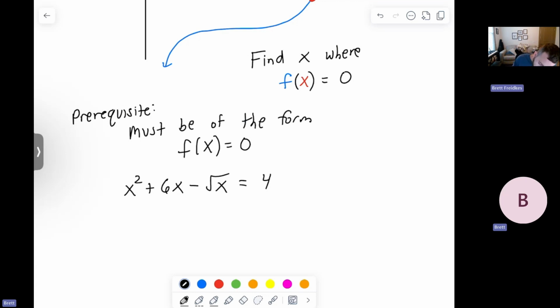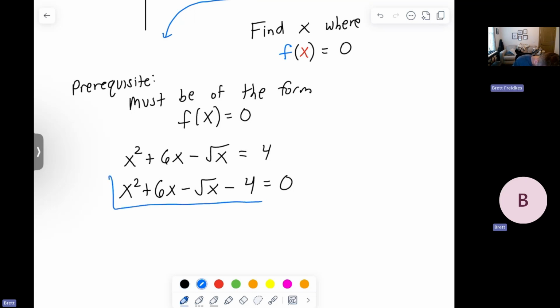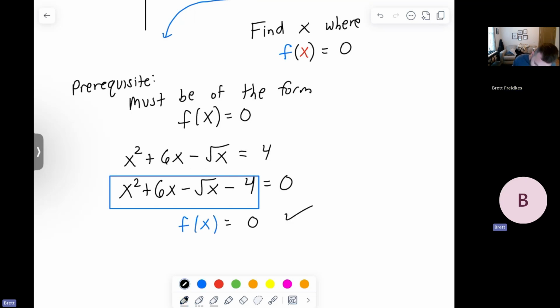But in order to do so, we want to get the right side equal to 0. So I'm going to subtract the 4 over to the other side. And then I say that this thing here on the left equal to 0, this is our f of x. And now we're in that form.